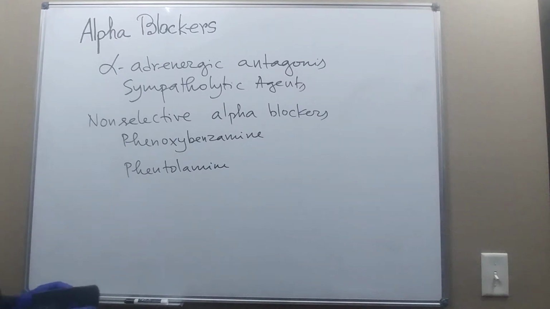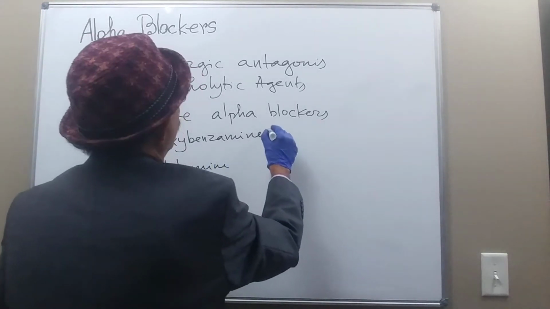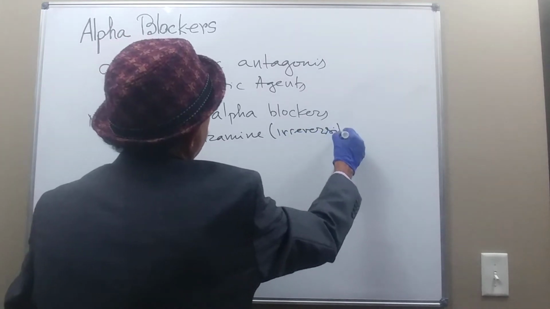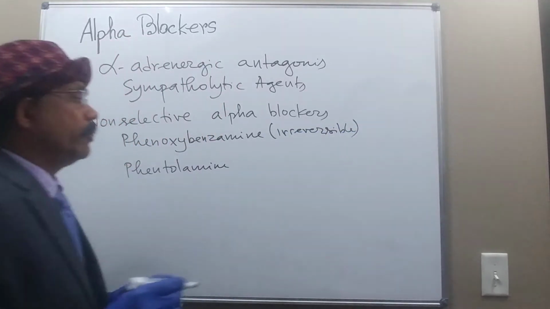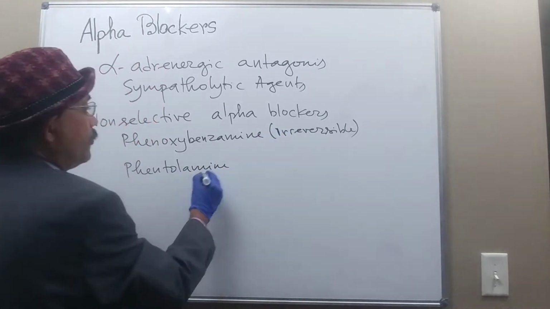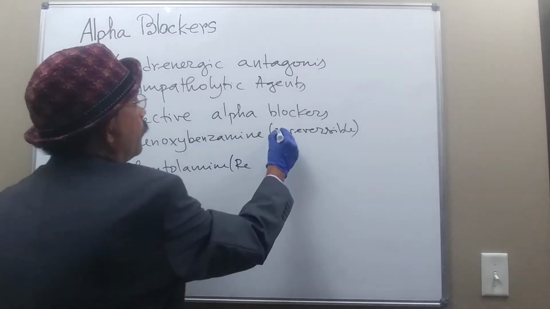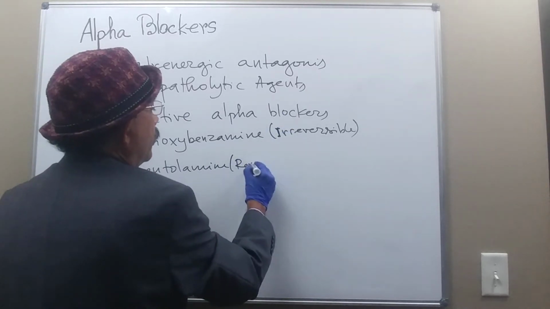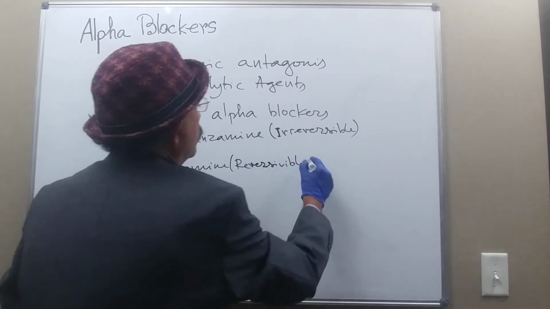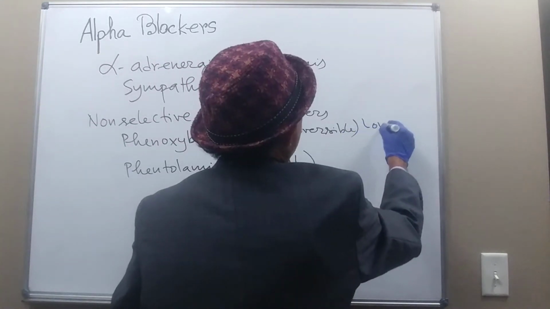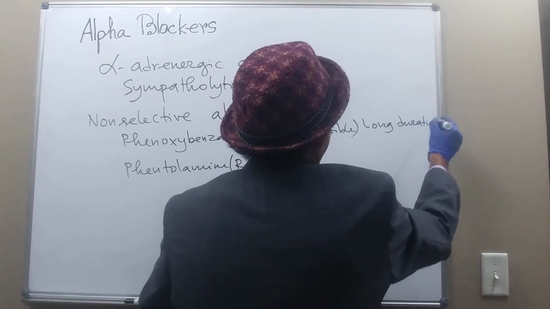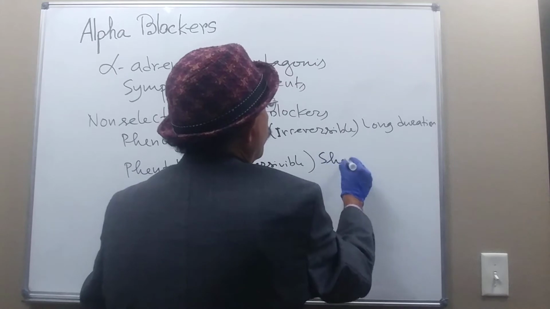These are non-selective. Phenoxybenzamine is irreversible and has a long duration of action, maybe around 24 hours. Phentolamine is reversible and has a short duration of action.